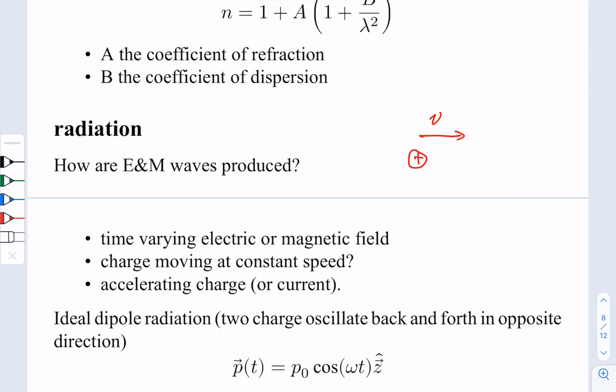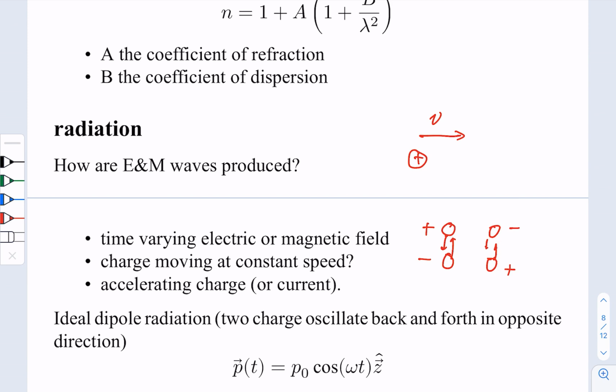Say there are two point charges, one is positive and oscillating back and forward, and another is negative and oscillating back and forward.